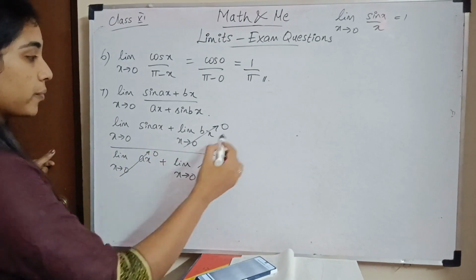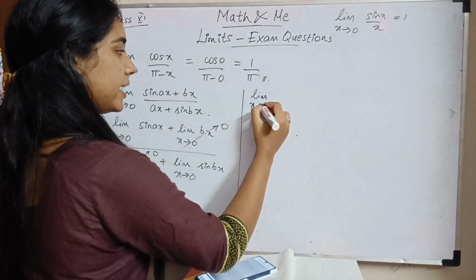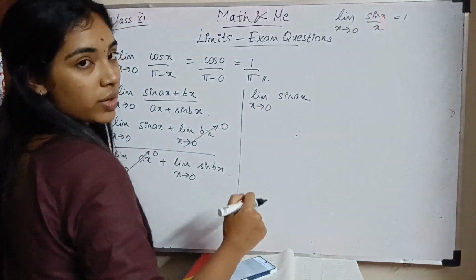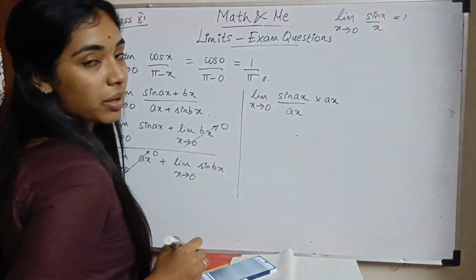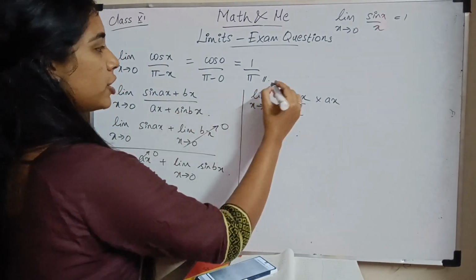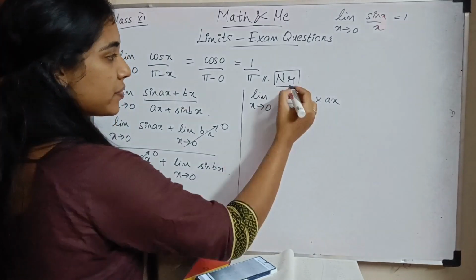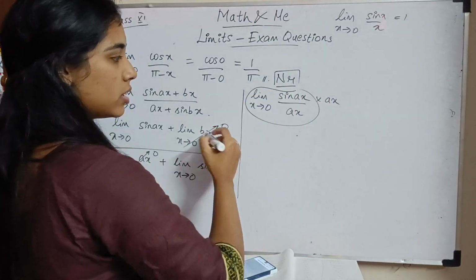Let's look at one term at a time. Taking the first term, you have limit x tends to 0 sin ax. If we want this form, what do we need? Divided by ax. Since we divide, I multiply. So this is your numerator. So what do you have? Limit x tends to 0, ax.